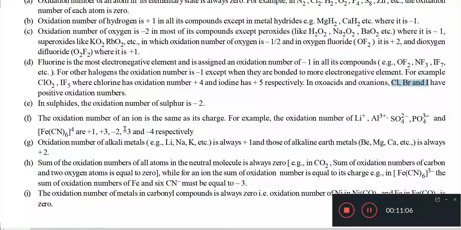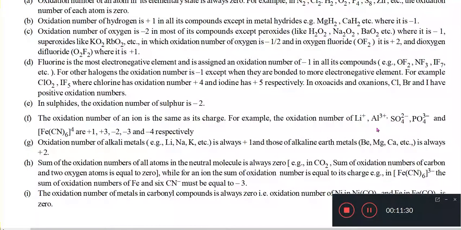Next, the oxidation number of an ion is the same as its charge. If you talk about an ion, the oxidation number will be equal to its charge. For example, for the lithium positive ion, the charge is +1, so the oxidation number of lithium is also +1.